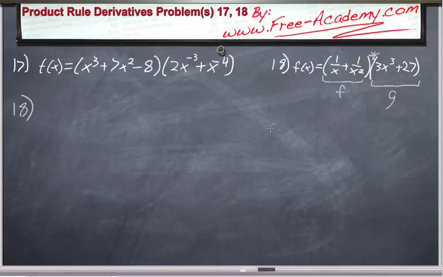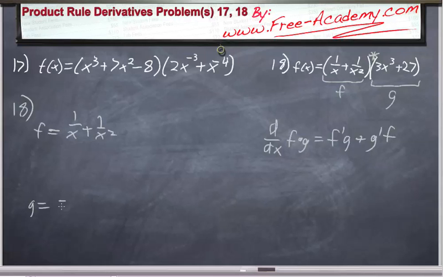So let me rewrite the product rule. The derivative with respect to x of f times g is equal to f prime g plus g prime f. f is equal to 1 over x plus 1 over x squared, and g is equal to 3x to the third plus 27. We'll need f prime and we'll need g prime. To find f prime, we want to use the same trick we used in our power rule lecture.